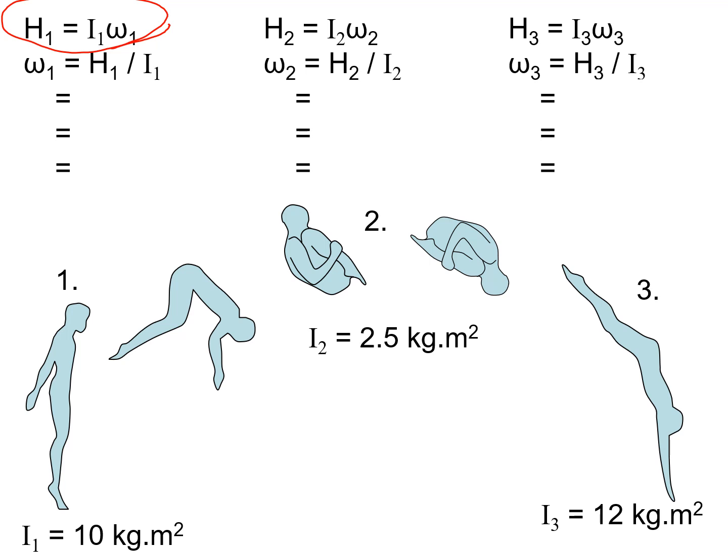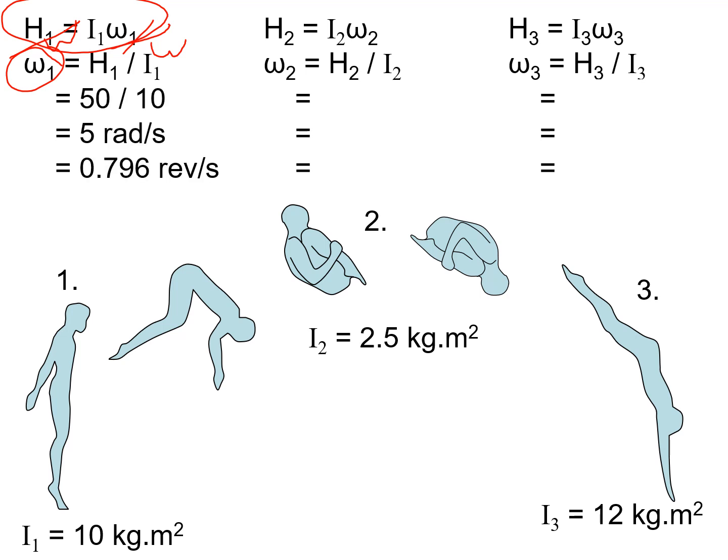We're simply dividing by the moment of inertia on both sides, so we're left with omega on the left side. So now we have omega, our angular velocity, equal to the angular momentum divided by the moment of inertia.